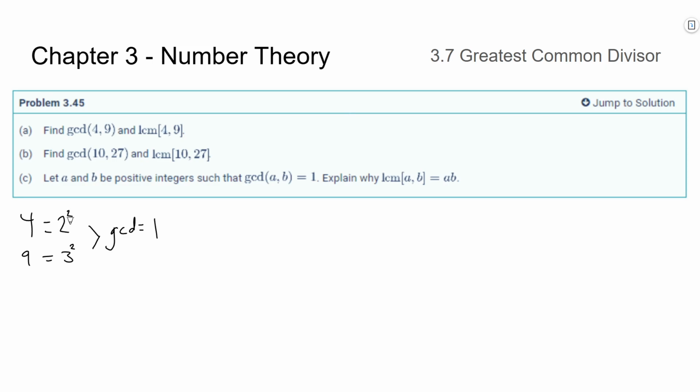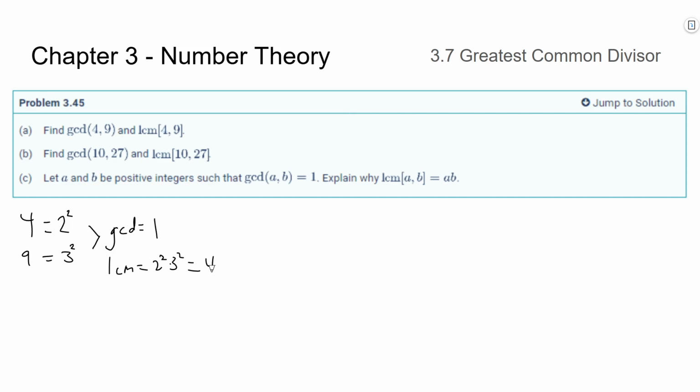We take the largest of everything. So our LCM would be, our largest power of 2, our only power of 2, would be 2 squared. And our largest power of 3, which is our only base 3, would be 3 squared.